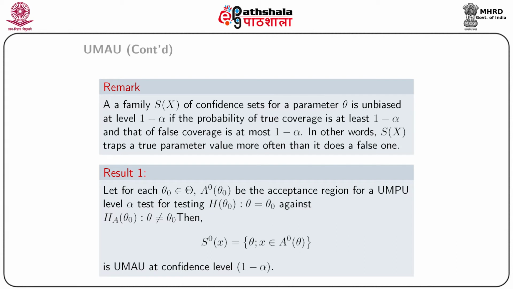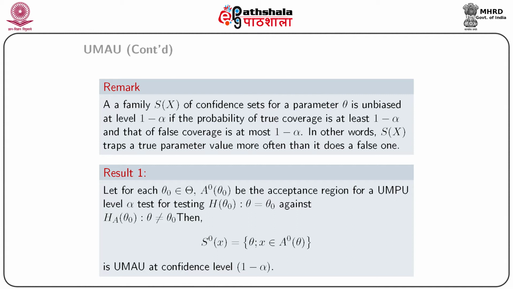Thus, a family S(x) of confidence sets for a parameter θ is unbiased at level 1 − α if the probability of true coverage is at least 1 − α and that of false coverage is at most 1 − α. In other words, S(x) traps a true parameter value more often than it does a false one.